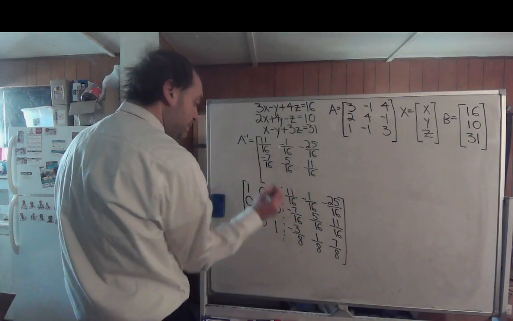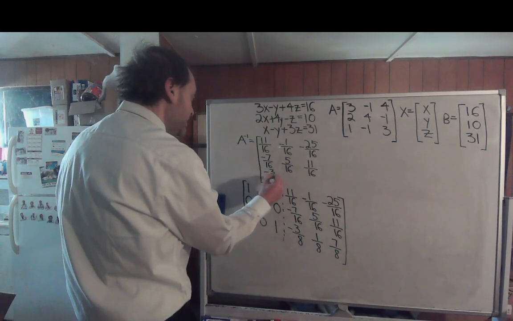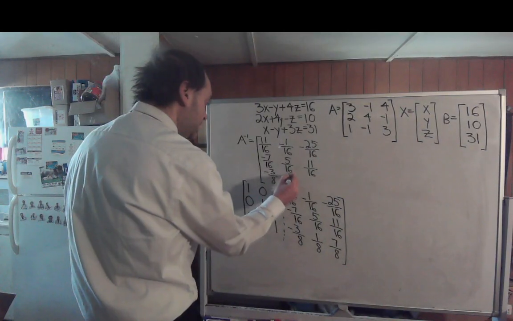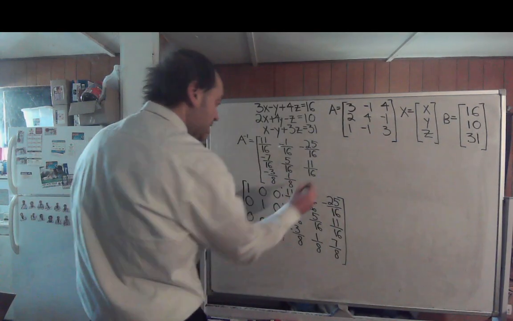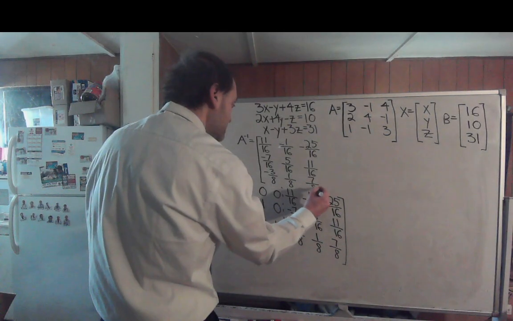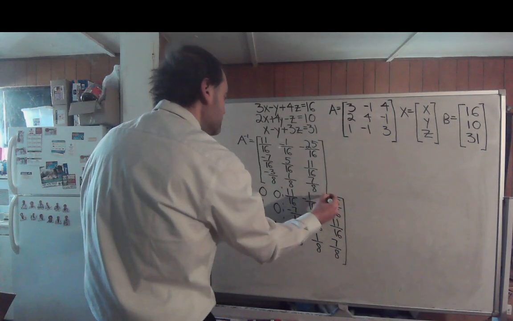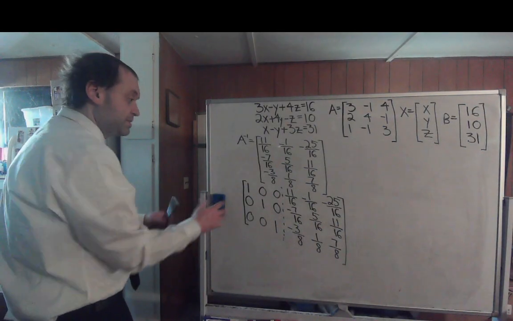Final row, negative 3/8, 1/8, and then 7/8. So there is your A inverse.